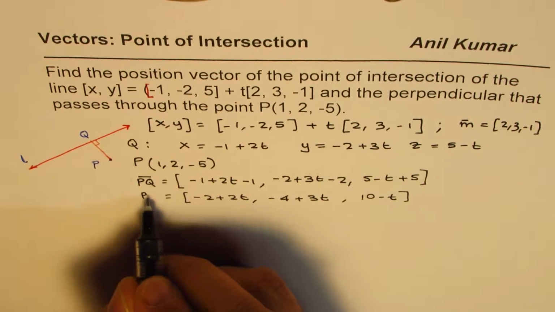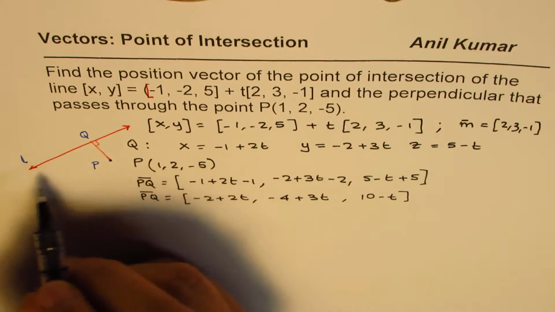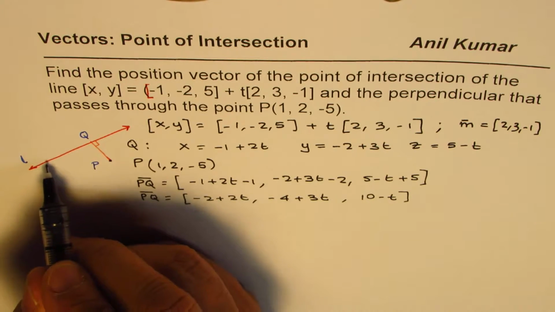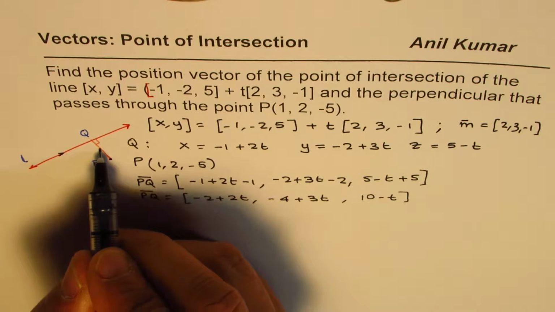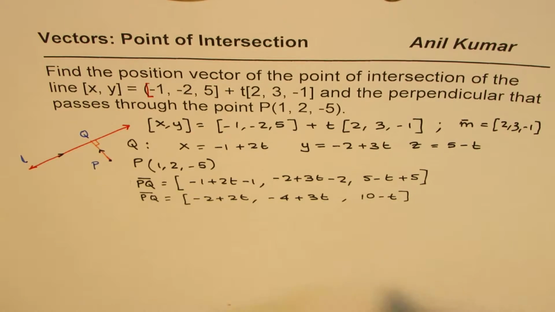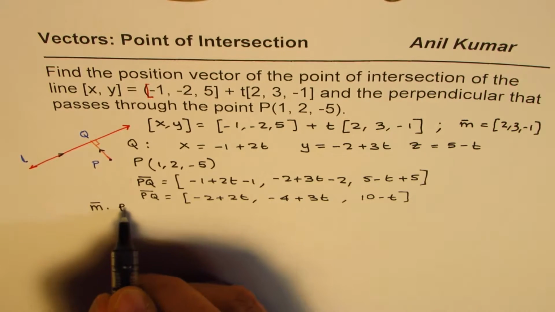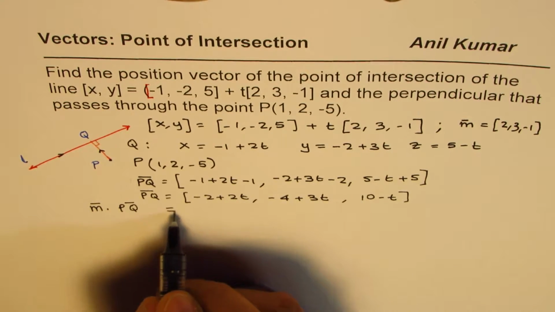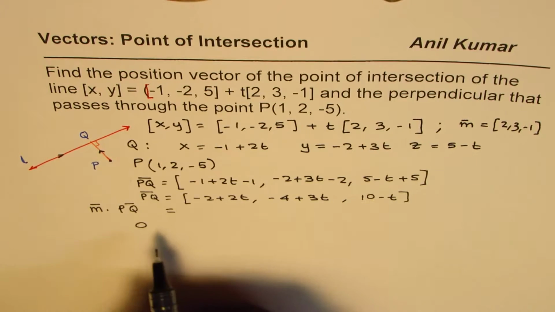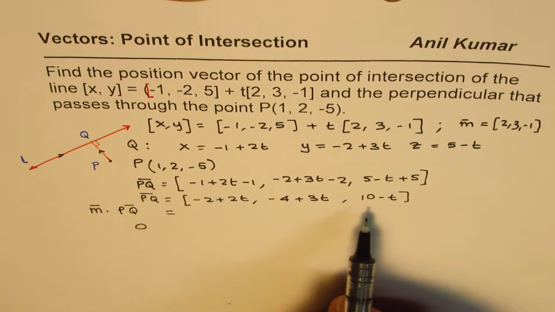So we know PQ and the direction of this line, and they are perpendicular. The dot product of M and PQ should be equal to 0, right? So we'll find the dot product now.